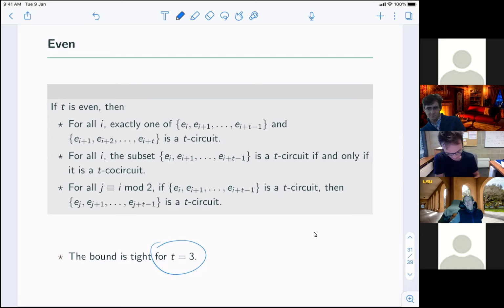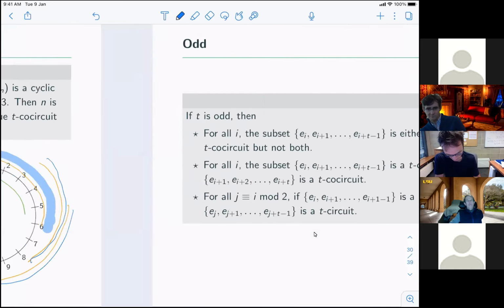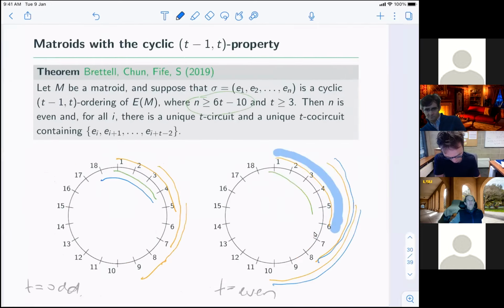So in recent work with Jerry Toff, a PhD student of Nick's and mine, Jerry's actually got this bound down to n at least 4t minus 5.